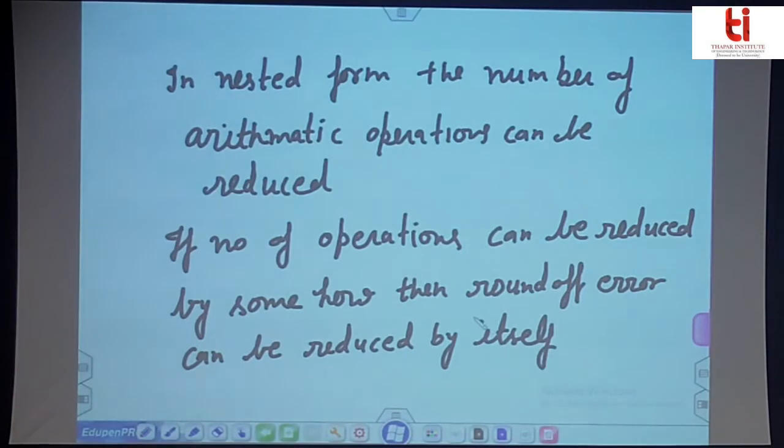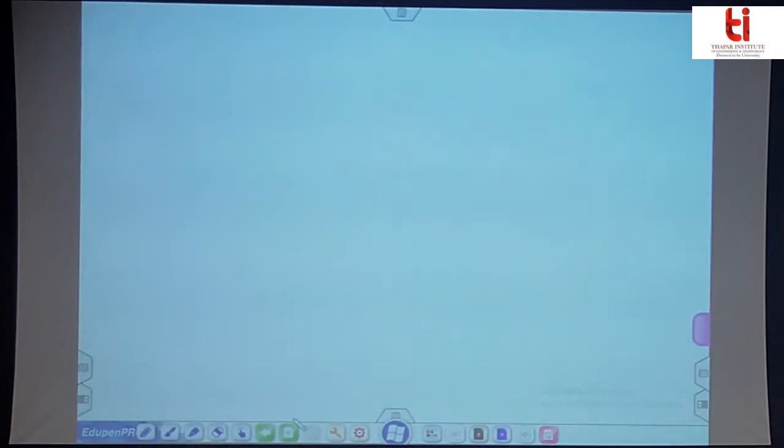It means if we have to evaluate a function, we will try to write that function in nested form, if possible, because in nested form the number of operations can be reduced, so the round-off error will be less. Let us do one example, then this can be understood properly.